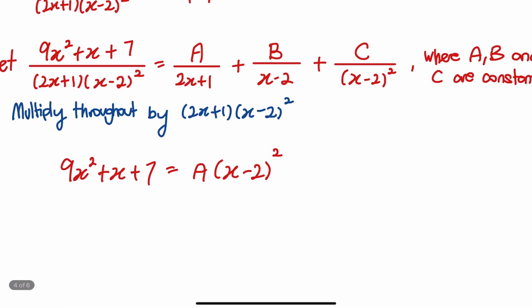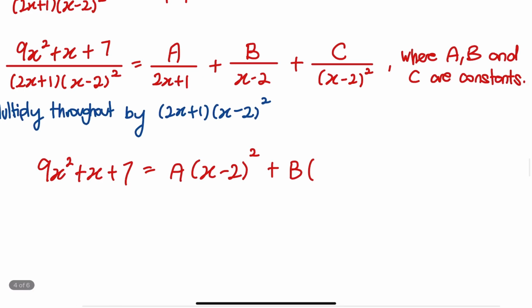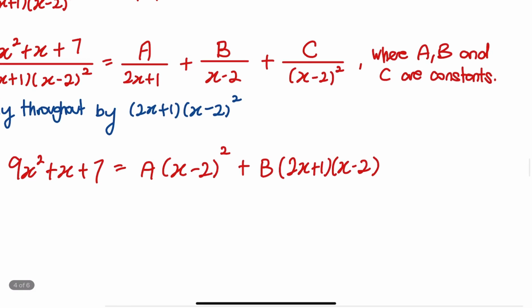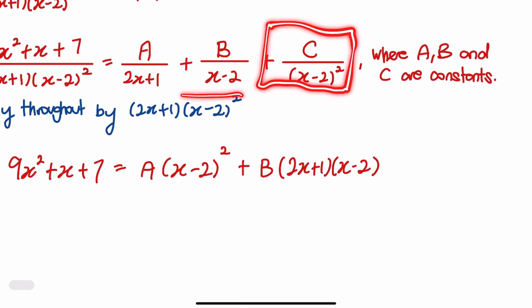Okay, next one, second term. This term here multiplied throughout by this, I'll be left with plus b times, here one of the x minus 2 factors will cancel out. So I'll be left with 2x plus 1 times x minus 2. Then for the last term here, multiplying by this, the entire x minus 2 square will cancel out.